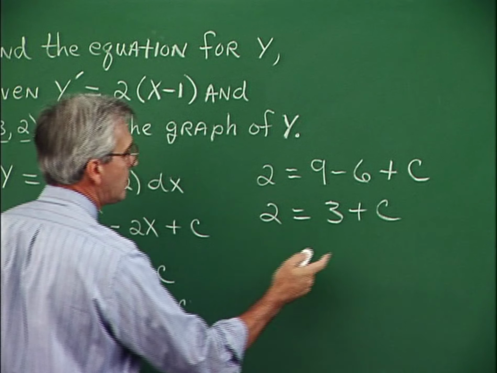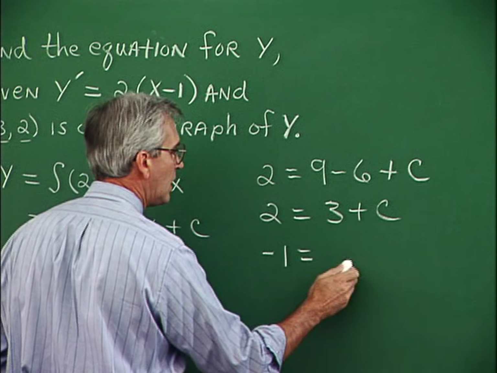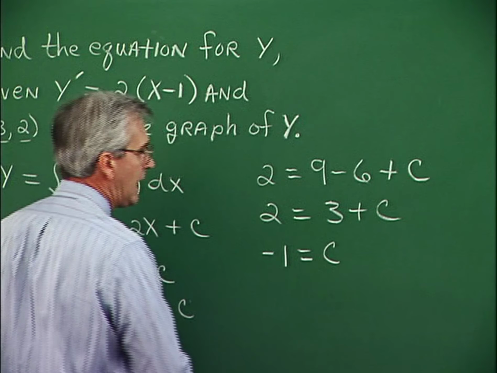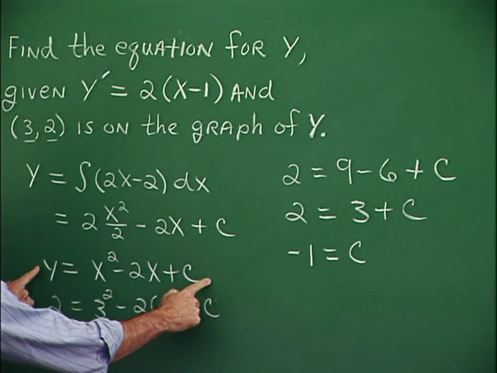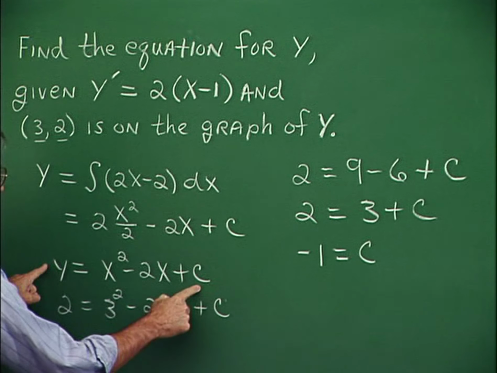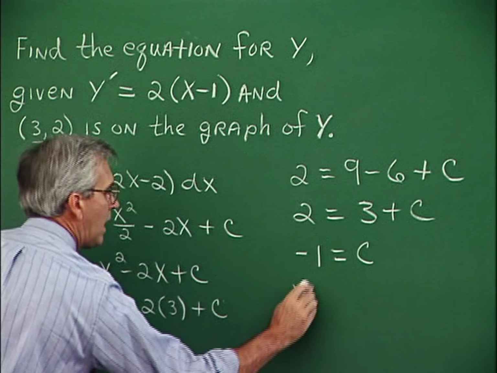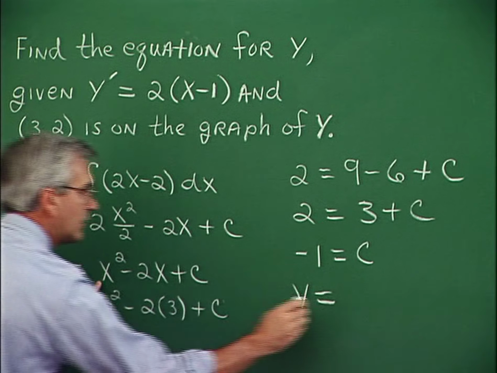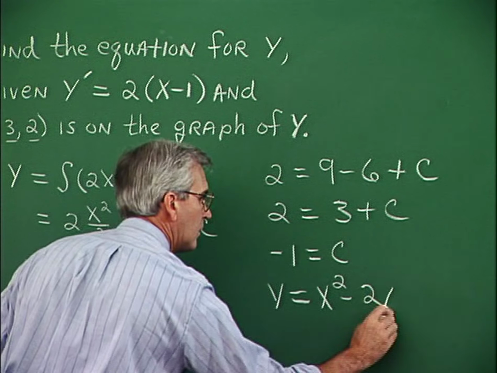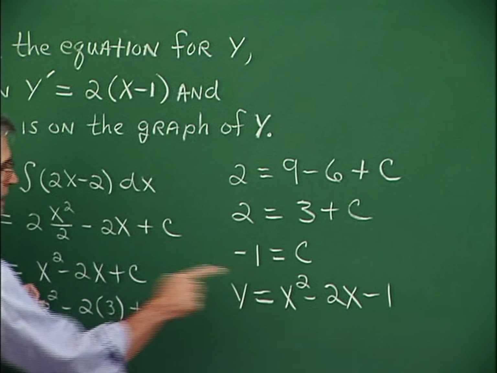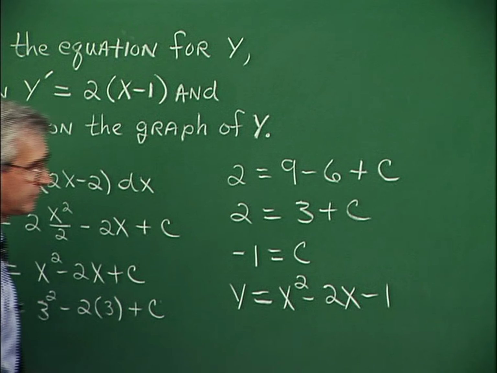Now subtract 3 on both sides. That's pretty easy. We have negative 1 equals c. And if c is negative 1, then we take this general form right here and replace the c with negative 1. That gives us y equals x squared minus 2x minus 1 as the equation that we're looking for.